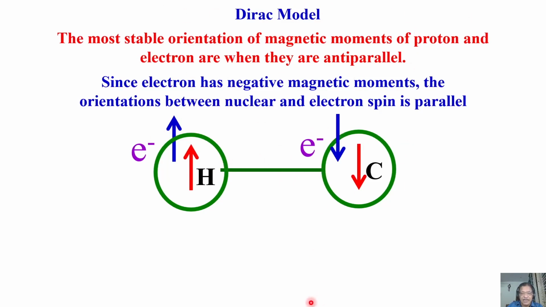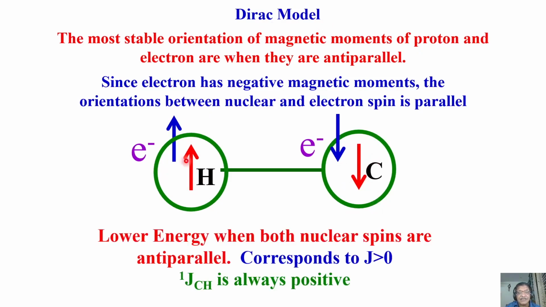This model is called the Dirac model, a totally classical, simple way of explaining the coupling interaction. When this is parallel, it forces the carbon, coupled with the sigma single bond, to be opposite to this orientation. You understand? Because of this Fermi contact and the Pauli principle where these two get paired, and because of the Fermi interaction again, this proton's magnetic moment, which is parallel to the magnetic field, forces this carbon to orient opposite to that.